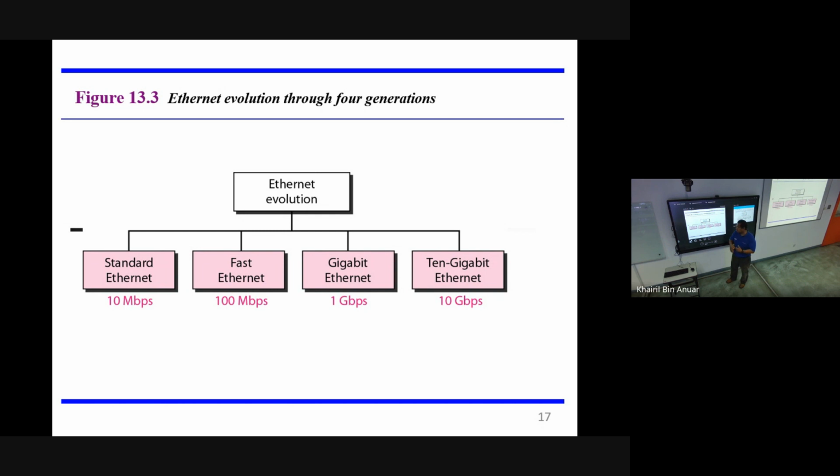So they defined improved Ethernet with Fast Ethernet, then Gigabit Ethernet and 10 Gigabit Ethernet. Standard Ethernet uses coaxial cable and twisted pair, but Gigabit Ethernet and 10 Gigabit Ethernet can use twisted pair cable, and the most common medium is fiber.